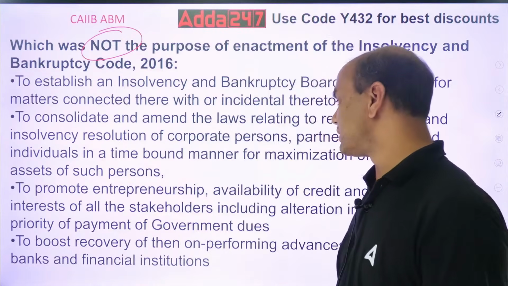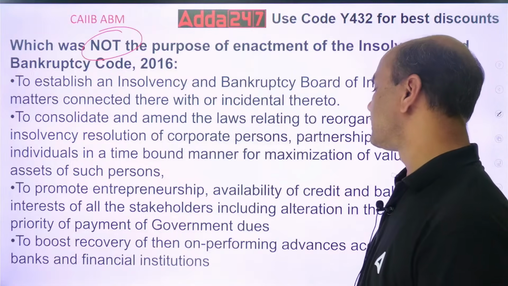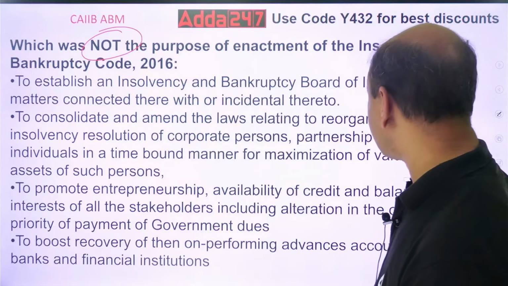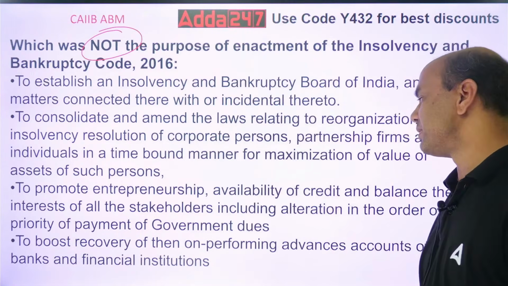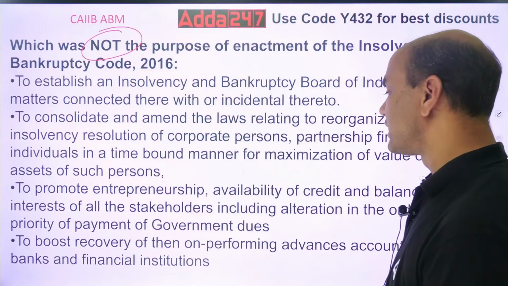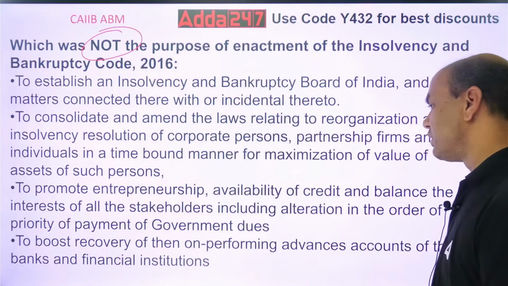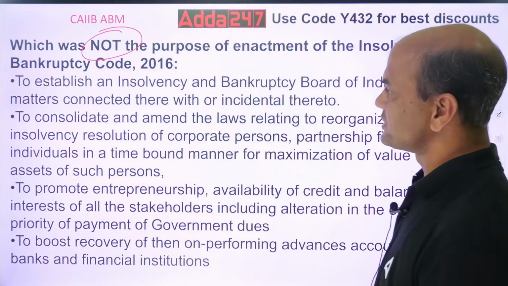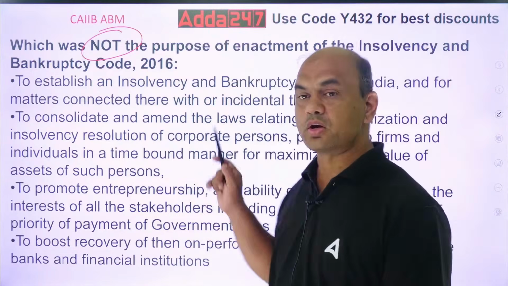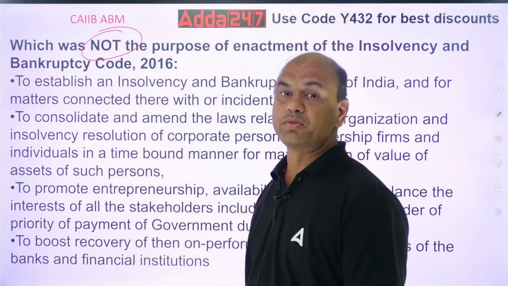To promote entrepreneurship, availability of credit and balance of interest of all the stakeholders, including alterations in the order of priority of payment of government dues. To boost the recovery of the non-performing advances accounts of the banks and the financial institutions. So which was not the purpose over here? Big options, but which was not the purpose?